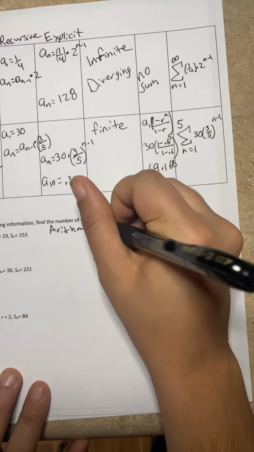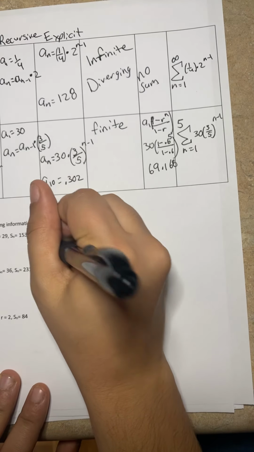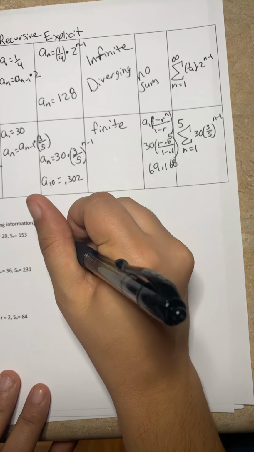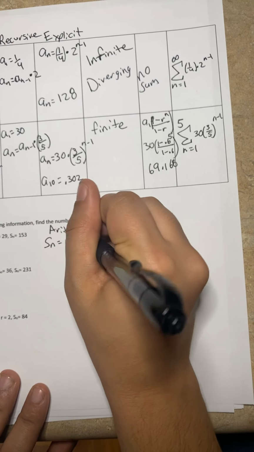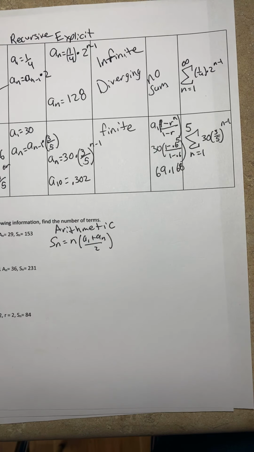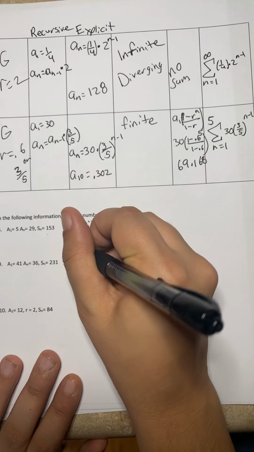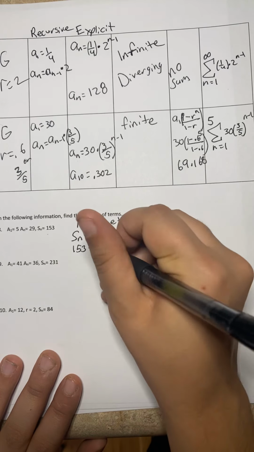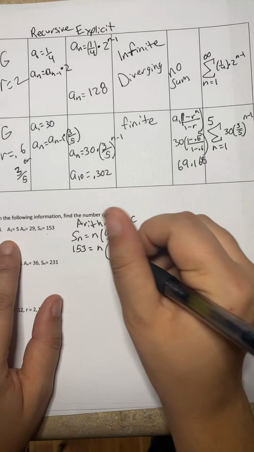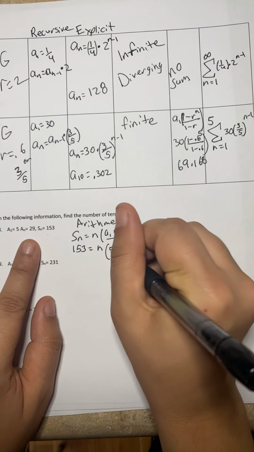So we're going to plug into the equation s sub n equals n times a sub 1 plus a sub n over 2 to solve for the n value. It tells me s sub n is 153 equals n, which we don't know. It tells me a sub 1 is 5 and a sub n is 29, divided by 2.